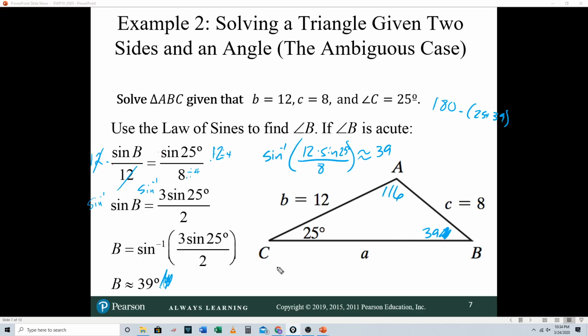And then we can use sine of 116 over a equals, I'm going to use c again, sine of 25 over 8. Okay, so since this is a, cross multiply, a sine of 25 equals 8 sine of 116, and then divide by sine of 25.